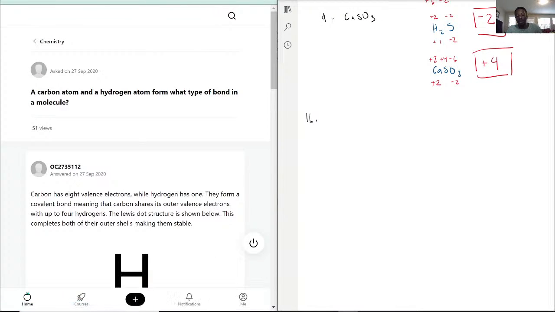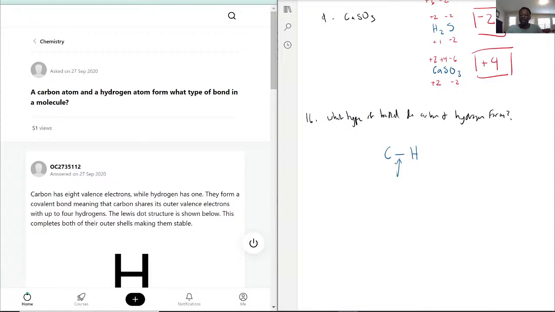A carbon atom and a hydrogen atom form what type of bond in a molecule? What type of bond do carbon and hydrogen form? Okay, so for this question, it really is just asking for this bond here, and what type of bond it forms based on the electronegativity.